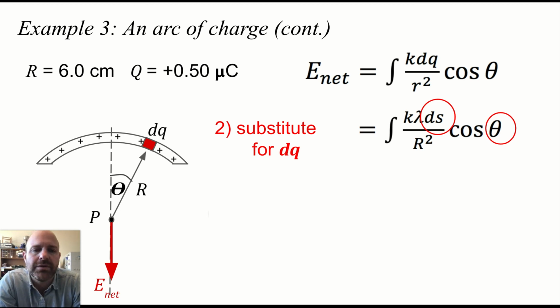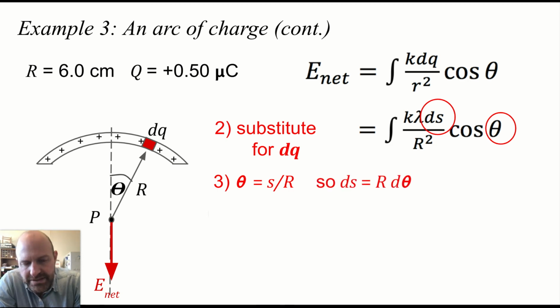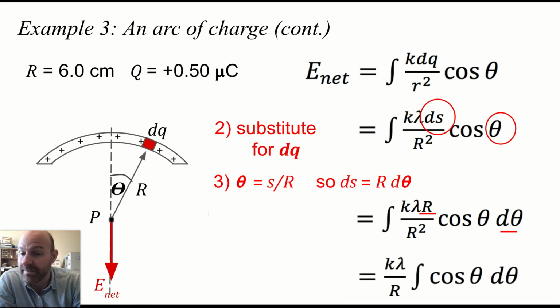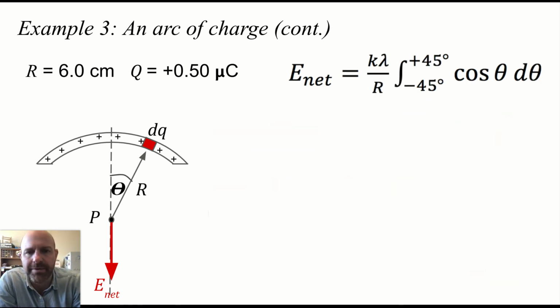That's what we know from looking at circles. And so we can say theta is s over r, or ds is going to be r d theta. And so we're going to replace that ds with r d theta, as shown here. Then we're integrating a bunch of constants times cosine of theta d theta, which is something we know how to do, or at least can look up.